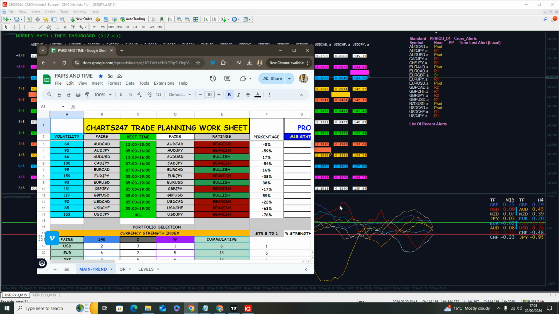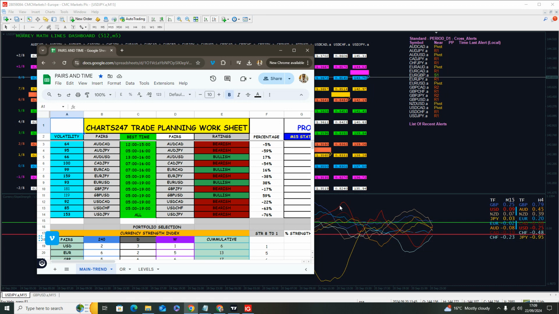Because when we combine the information we get through the process we are going to go through now, we have clarity in terms of which pair we want to be buying and which pair we want to be selling. The necessity of the weekly portfolio selection lies in its ability to provide a focused and objective view of the forex market.